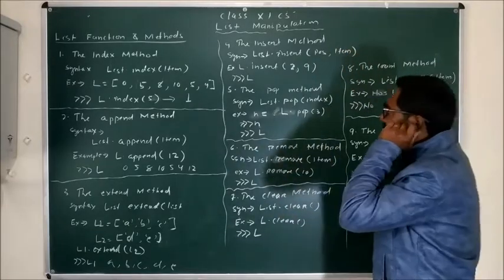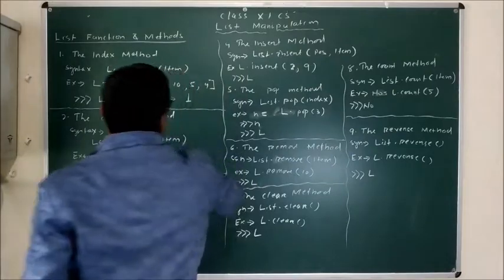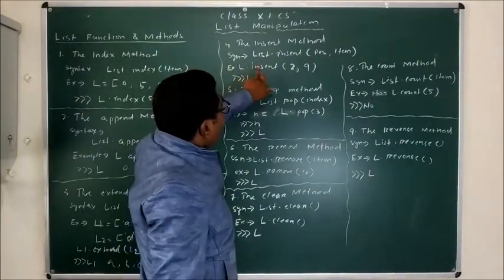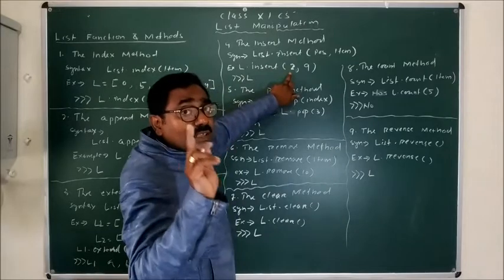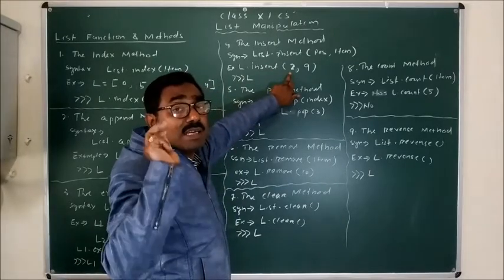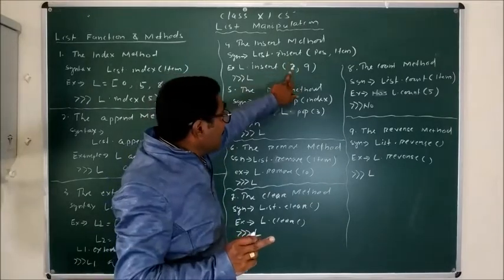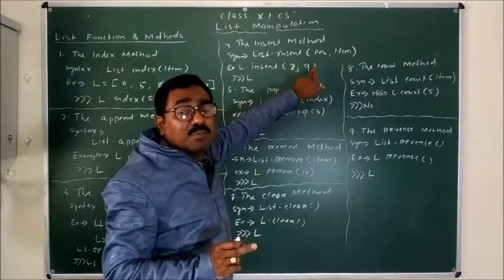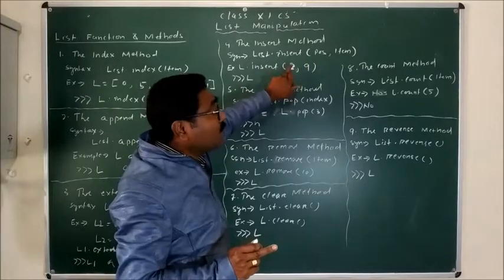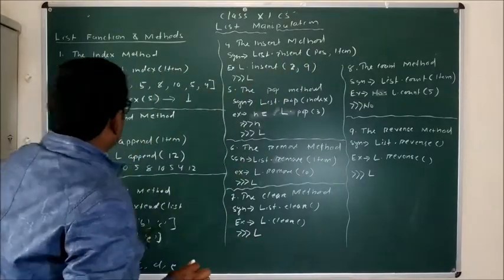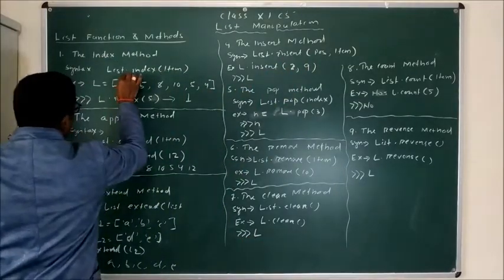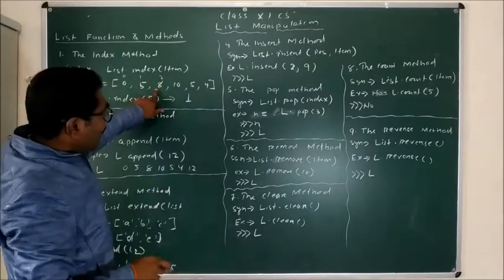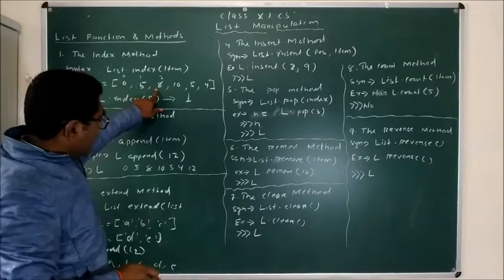We are using the same list L that has been used. So here what happened: L.insert(2, 9). 2 is the position, that means 2 is the index, and the item 9 is to be inserted at position 2. So what happened here? 0 is having index 0, then index 1, index 2. So at the position of 8, it should be inserted.